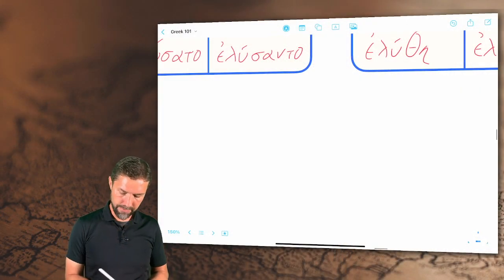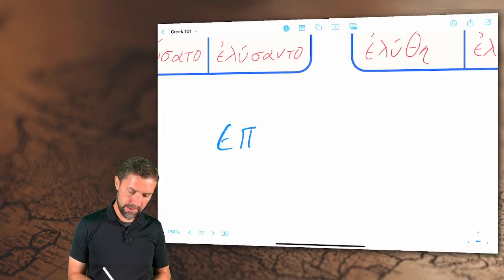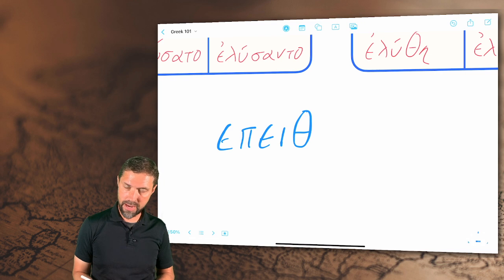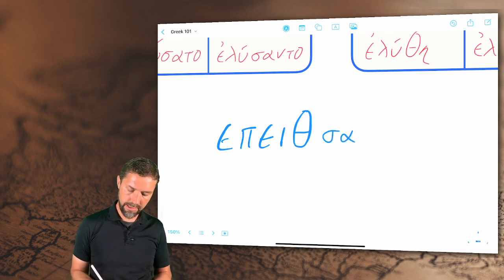Okay, so in this case, we're going to do patho, and there's another change that happens with it, but the basic following of it would go, okay, I'm going to put my augment, pay. Now I've got that, well, let's write it, that'll be better. I've got my augment going, epsilon on the front. Then I've got my stem, pay. Okay, my stem finishes with theta. Now I need to put on sigma alpha and an ending.